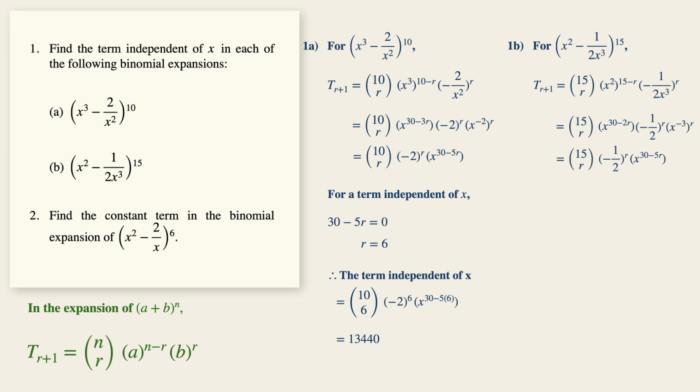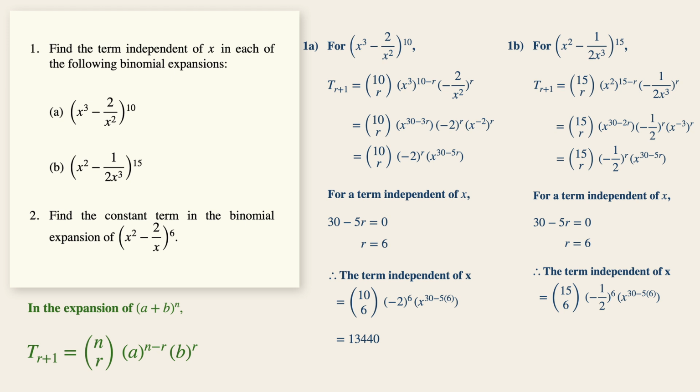Again, the idea here is to then use the power of x to equate to 0. Since for the term independent of x, the power of x is 0, r is again equal to 6. By substituting r = 6 into this general term, the term independent of x is therefore 5005/64.